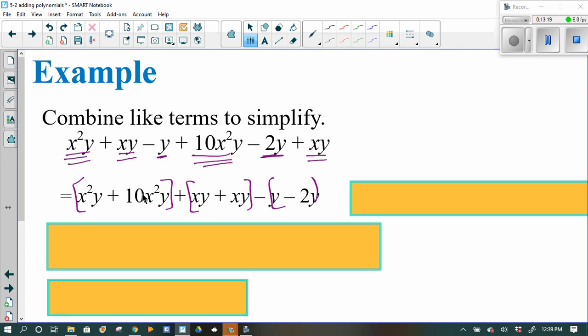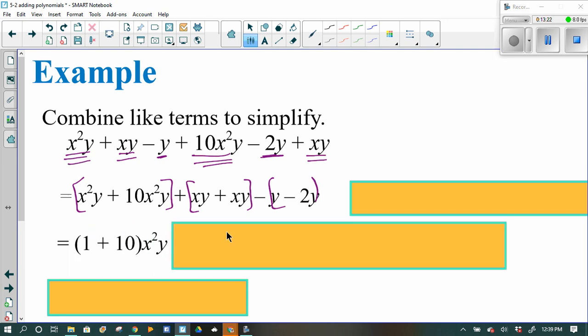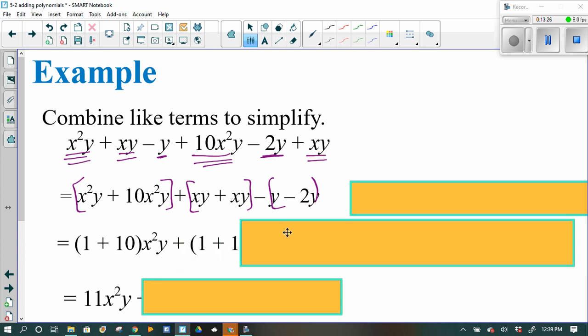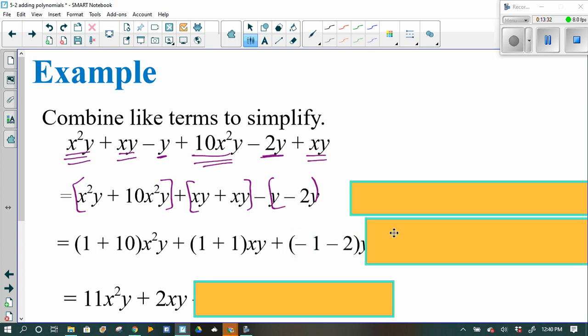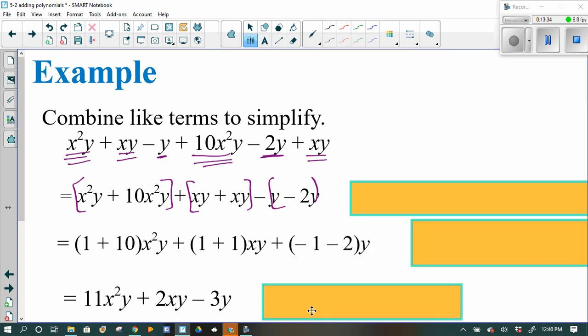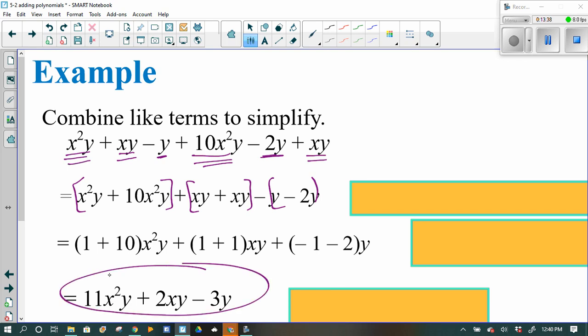Okay, so 10 plus 1 is 11. xy plus xy, that's 1 plus 1, so that's 2. And then negative y minus 2y is going to be negative 3y. And this would be your final answer. You can't combine it any further because the exponents don't match on your variables.